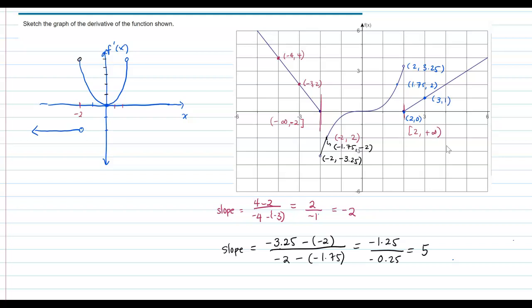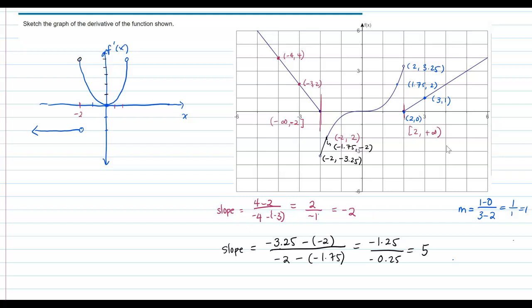Then you get the difference. So the slope, m, is equal to the change in y, 1 minus 0, over the change in x, 3 minus 2. And that is equal to 1 over 1, which is equal to 1.